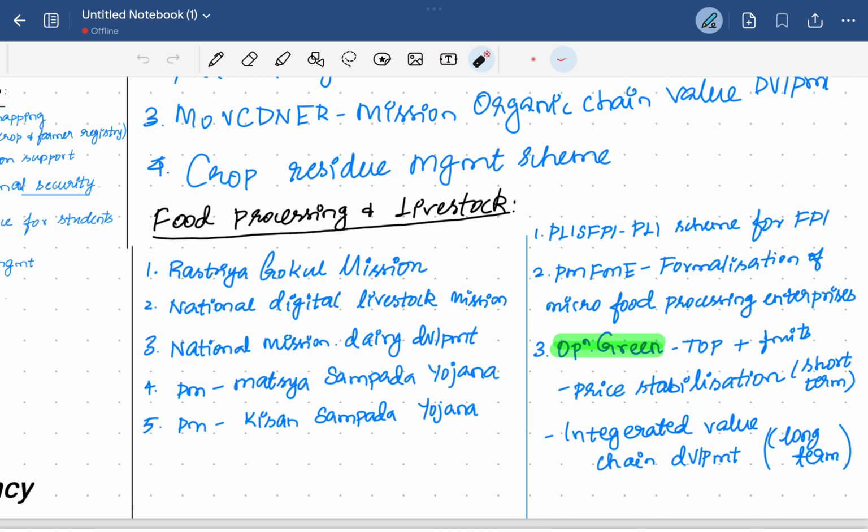That is production linked, increasing the efficiency and also the quantity through production. The company gets incentive from the government. This PLI scheme is also announced for food processing industries.